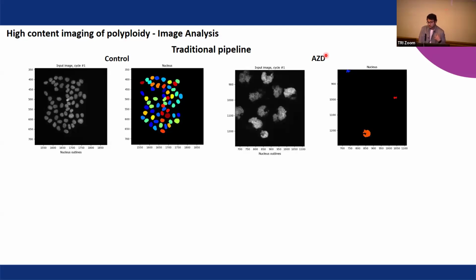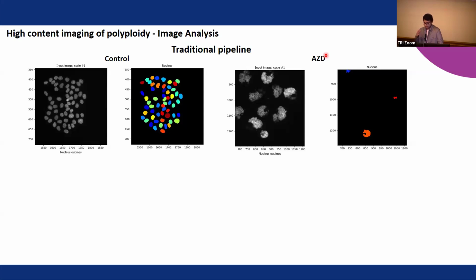So the way that this is usually done is that one image analysis pipeline is made to analyze both control and treated, which makes sense, makes the analysis unbiased. But I've had to change the way that this is done while keeping the analysis unbiased, which is to change the inputs that I provide to the program.